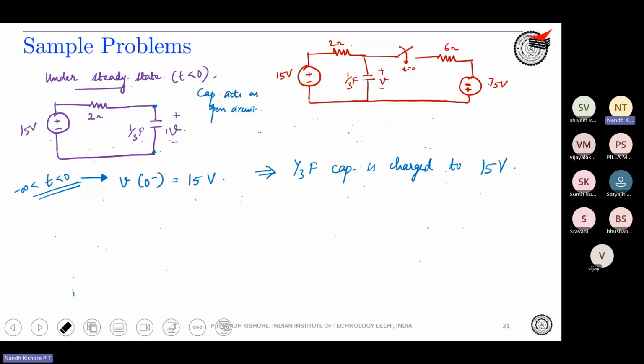This is what has happened under steady state. So just before you close the switch, at t equal to 0, the capacitor is charged to 15 volts. Fine. Now the point is, what happens after the switch closes?